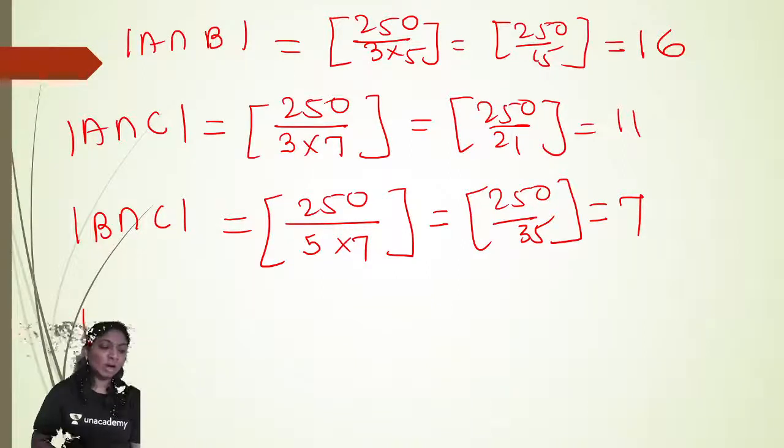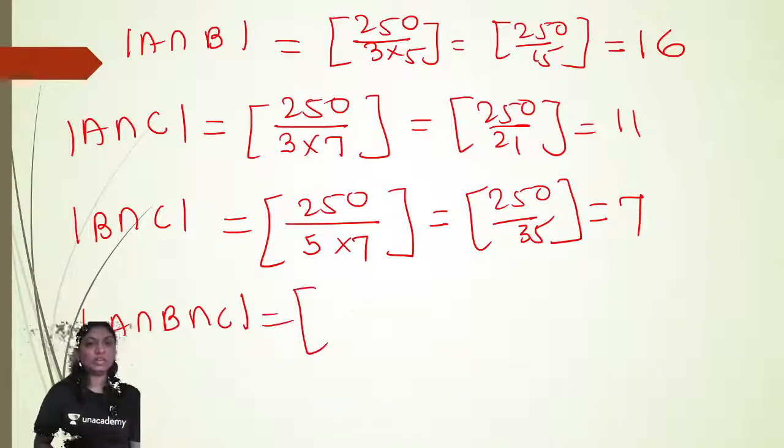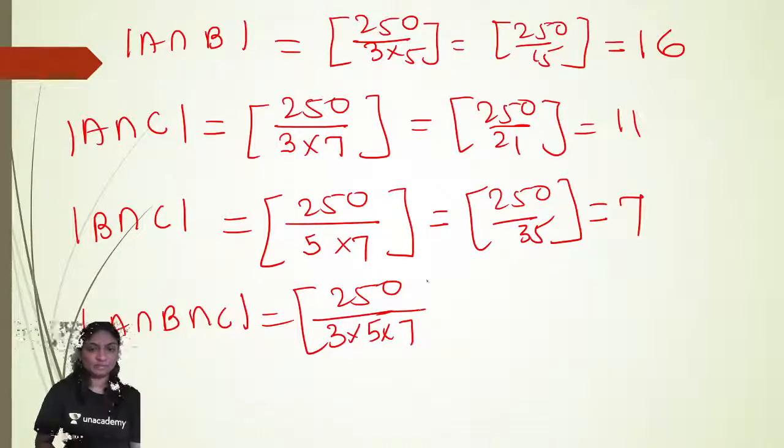Now the cardinality of A intersection B intersection C: the number of integers which are divisible by 3 and 5 and 7.